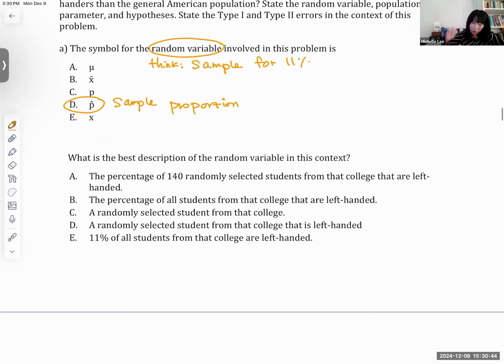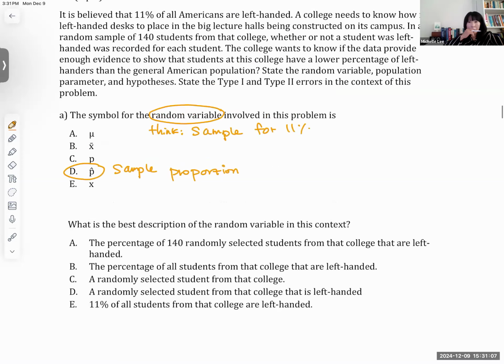Okay, let's take a look at number 2. The second one. What do you think about this one? A, B, C, D, E. What do you think about that? You need to see this. A, excellent, because think about the sample, right?